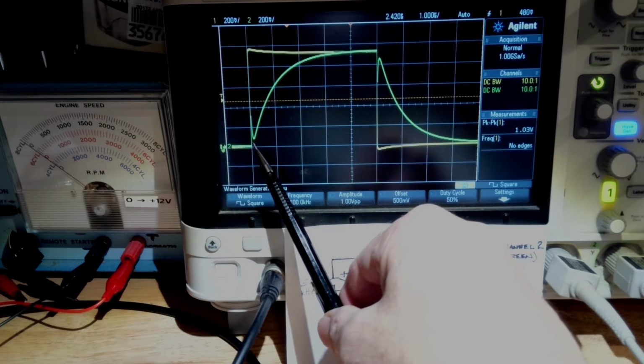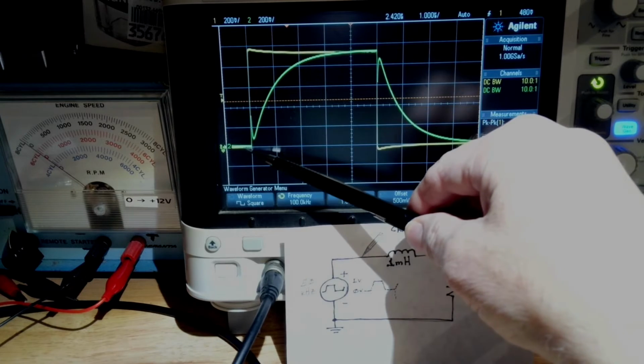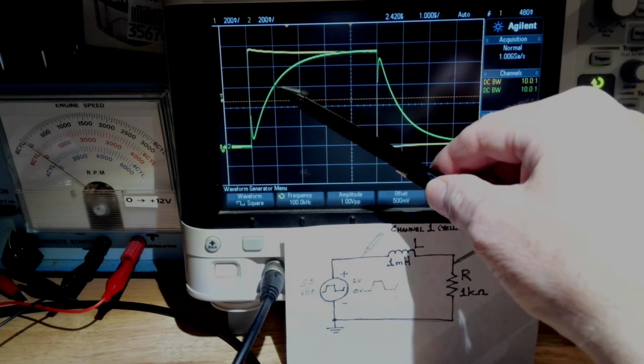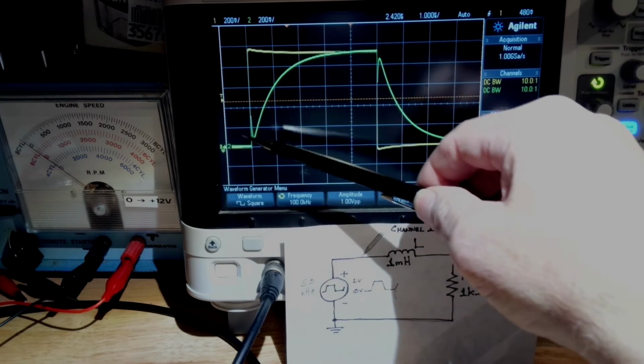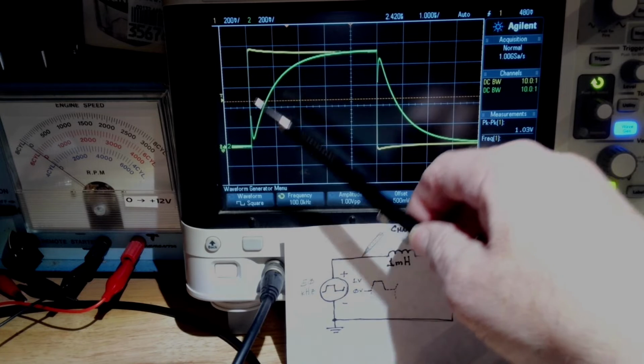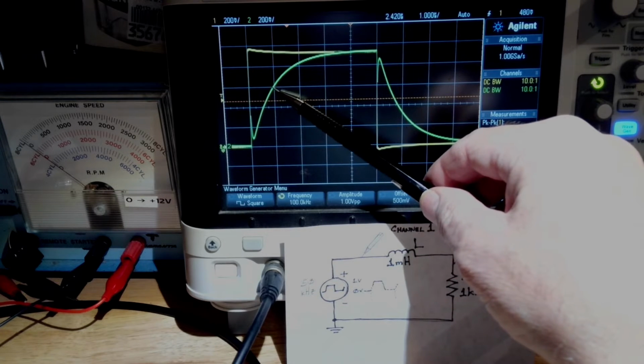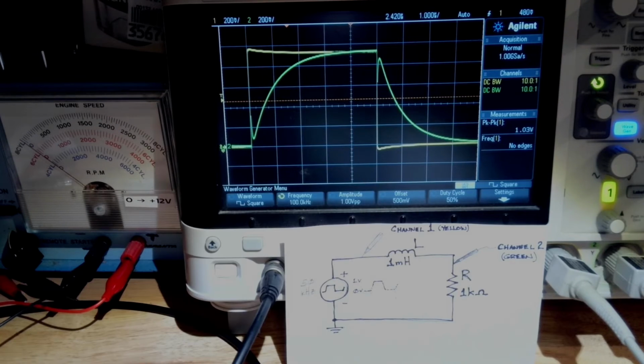And so in 1 microsecond, we will get up to, you see there's 5 of these things, we get up to 3 of them, so about 0.6 of the voltage, all right? It's actually like 0.618 or something. So we get up to about 0.618 of the voltage in one of these time constants. The L over R is our time constant.